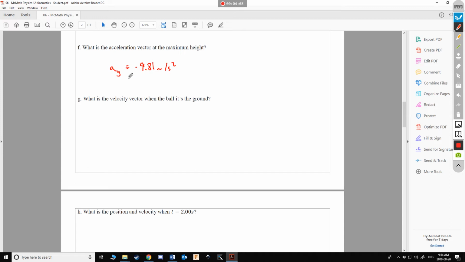What is the velocity vector when the ball hits the ground? As we mentioned before, because of symmetry of our parabola, let's fix that parabola.